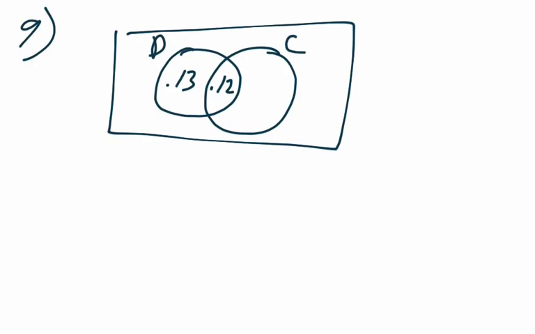And the probability that they own a cat and not a dog is 0.06, because the cat circle has to be equal to 0.06. And so I'm going to do 1 minus 0.13 minus 0.12 minus 0.06 to find out what percentage of people don't own a dog or a cat. And that would be 69%.